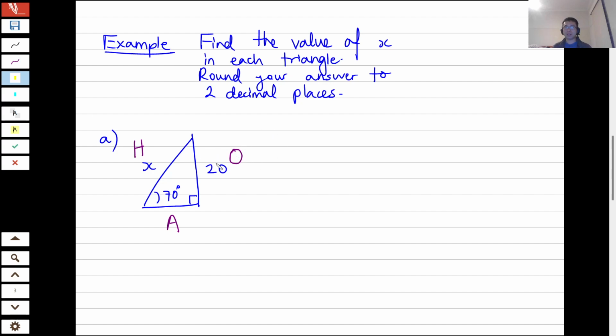Now, in this case, we were given O and H, and the trig ratio with O and H is sine. So I'm going to say sine of 70 degrees equals the opposite divided by the hypotenuse. I can now replace O and H with the numbers that were given in the question.